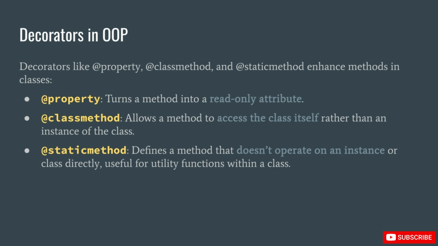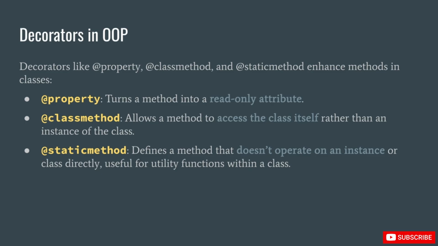Decorators like property, classmethod, and staticmethod enhance how methods behave within classes. First, we have property, which transforms a method into a read-only attribute, allowing you to access it like an attribute while still maintaining control over its implementation. Next, the classmethod decorator enables a method to access the class itself instead of a specific instance.